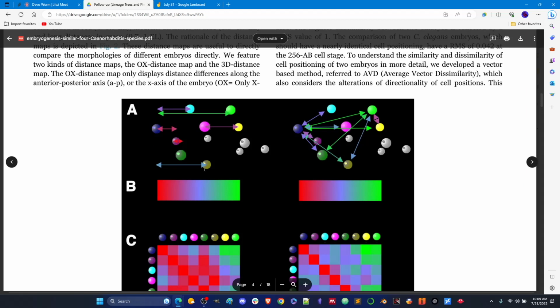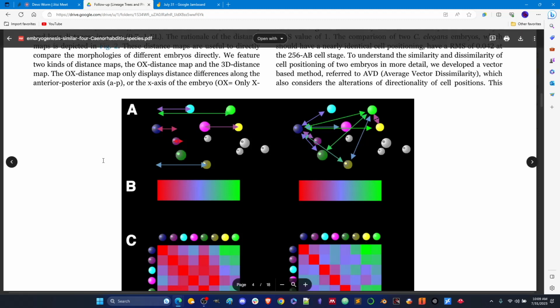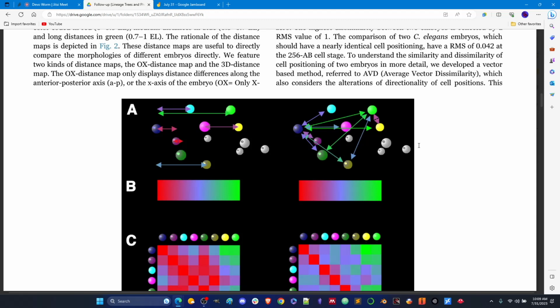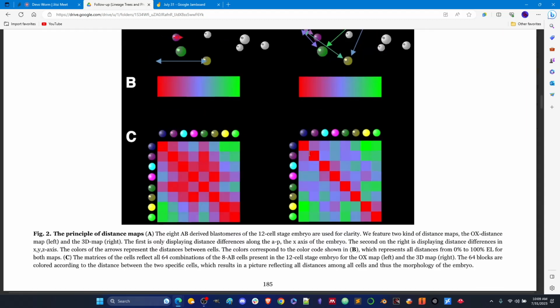We've done stuff like this where you take 2 dimensions versus 3 dimensions and you look at their distance. This is not the lineage tree, but a distance map. And then they just show this across species. So you get these differences in position, and you can characterize them that way.